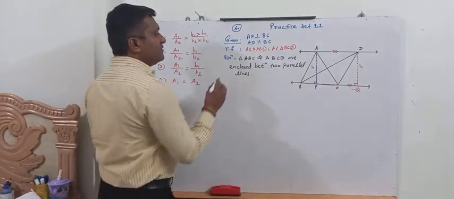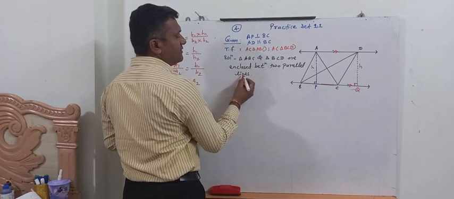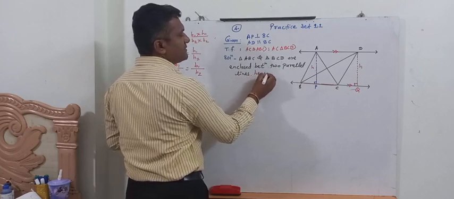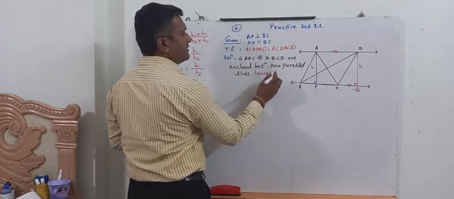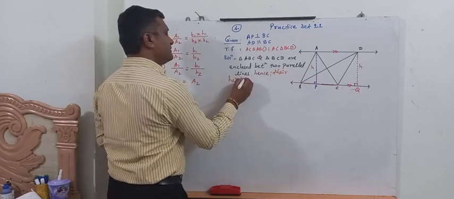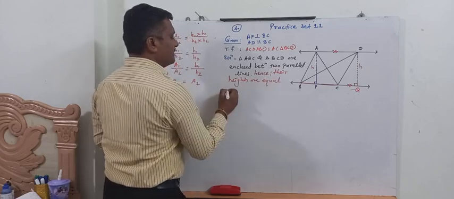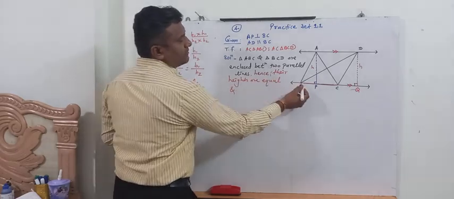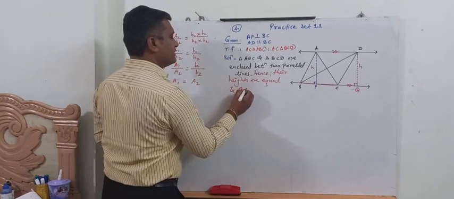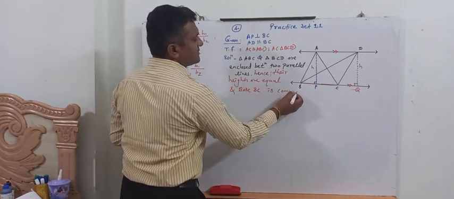It means that two triangles have equal height. So these two triangles are between two parallel lines. Hence, their heights are equal, and base BC is the common base.